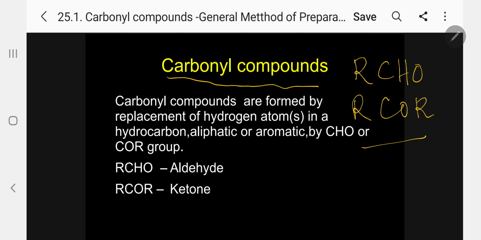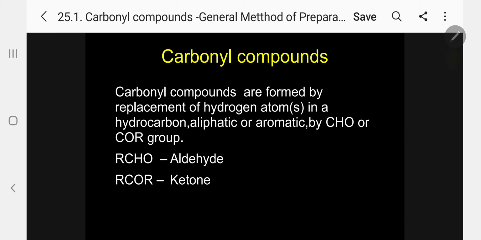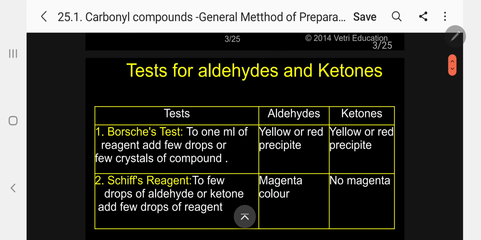Carbonyl compounds are formed by replacement of hydrogen atoms in a hydrocarbon, aliphatic or aromatic, by CHO, aldehyde, or by COR, that is ketone. So RCHO aldehyde, RCOR ketone. This is the general definition for carbonyl compounds.